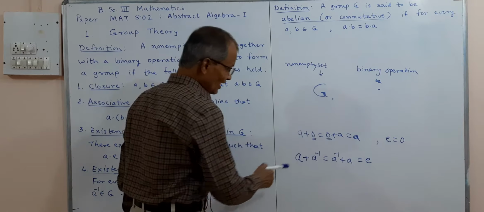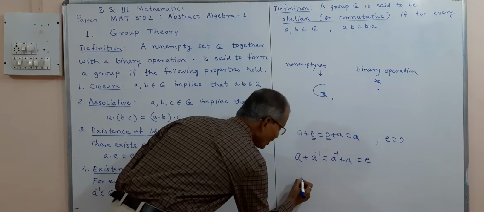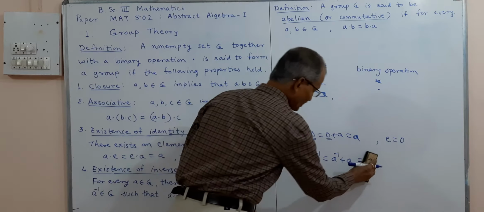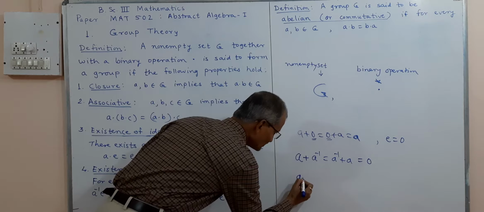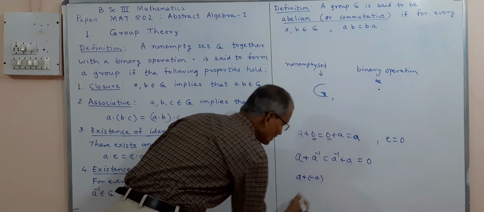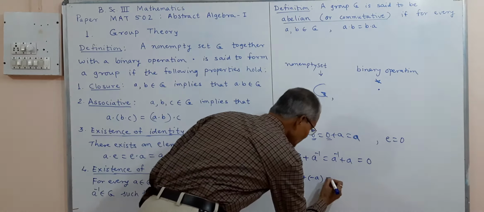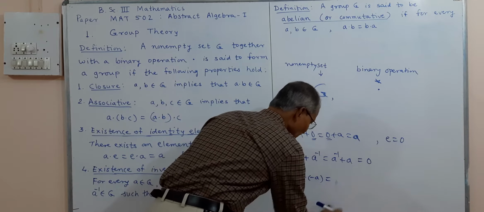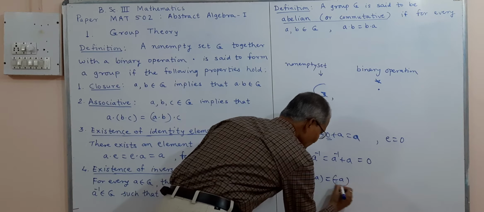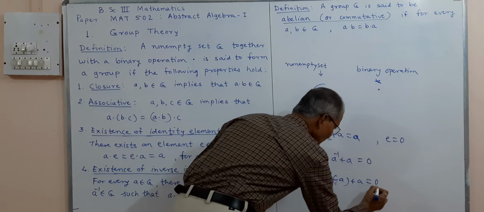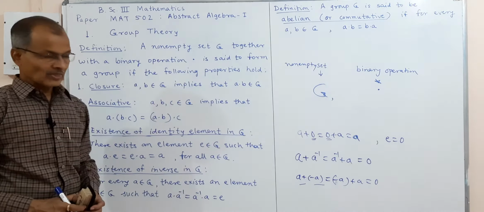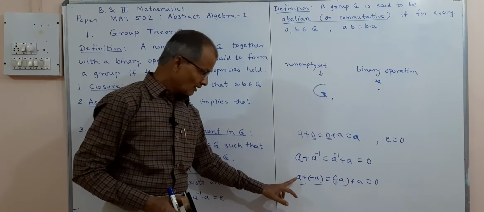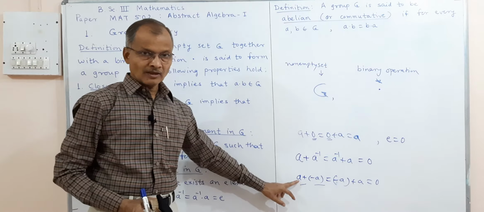Now what is the inverse for addition? Identity is 0 for addition, so it must be 0, and thus we know that it is a plus (minus a) is equal to minus a plus a, and that results in 0, which is the identity, and thus minus a is the additive inverse of a, or minus a is the inverse of a with respect to addition.